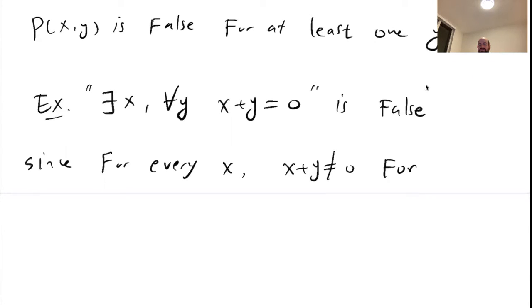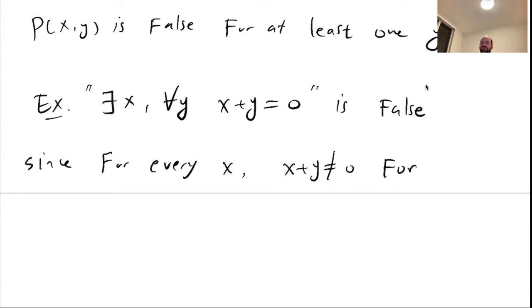So can you tell me which y value should I use? Let's say x is fixed. X is fixed and given. So for example, x could be 2. We want 2 plus y not to be 0.